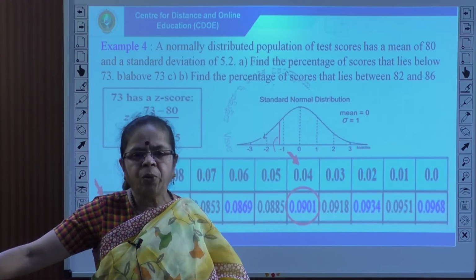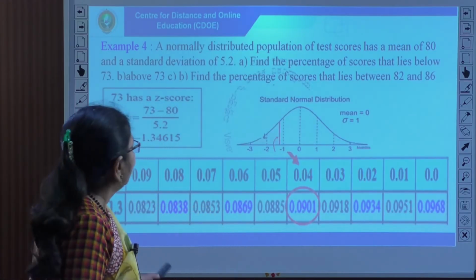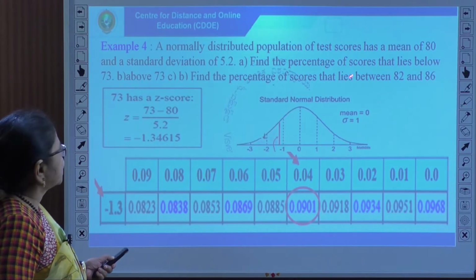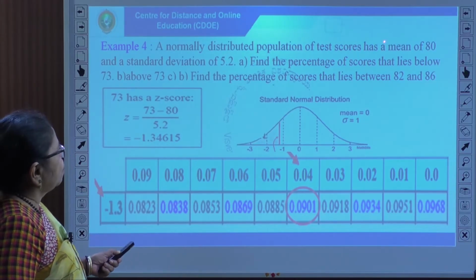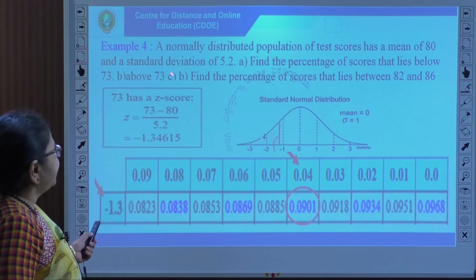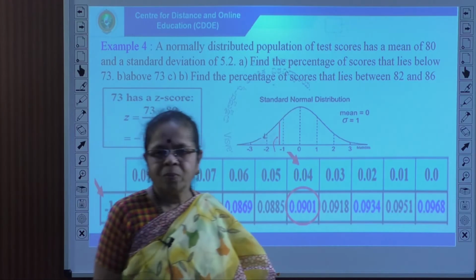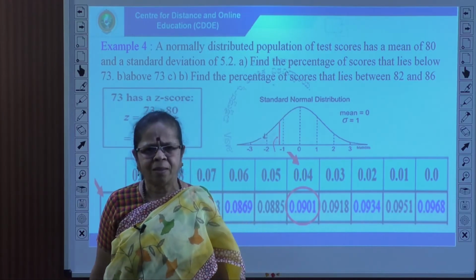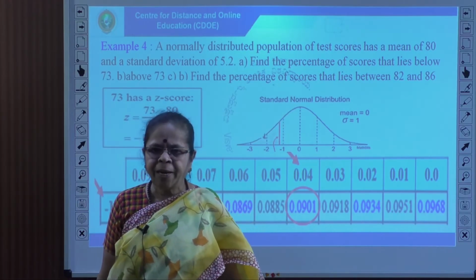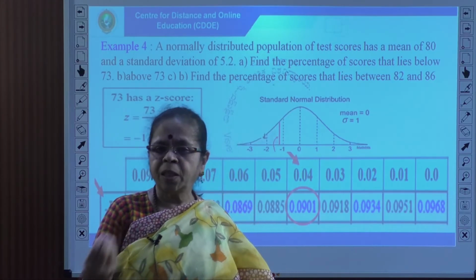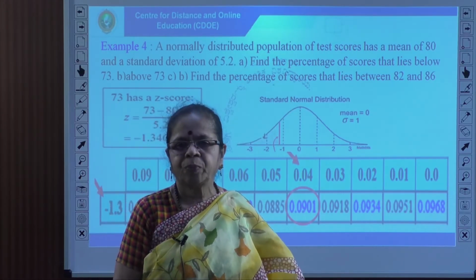Now, another place where you can use it, just see here. A normally distributed population of test scores has a mean of 80 and a standard deviation of 5.2. So, let us say it is a class. In a class, I give a test, and this is my result as a teacher.